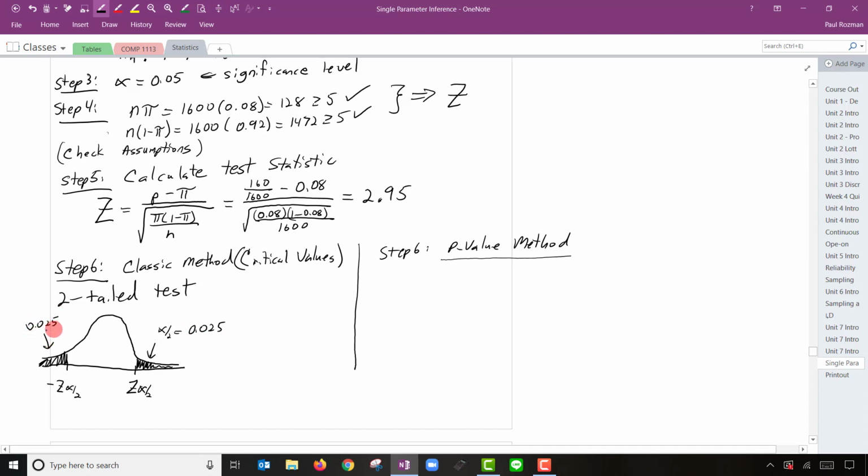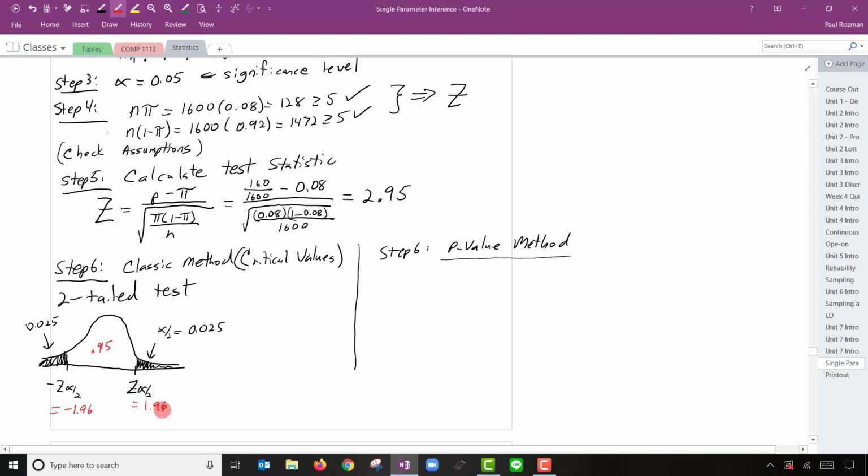You can look up 0.025 in your negative z table, and you know that you're going to find negative 1.96. And if you looked up 0.975 in your z table, you know you'd get 1.96 on the other side. 0.95 is here in the middle.